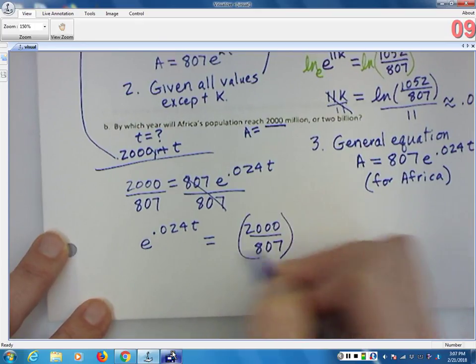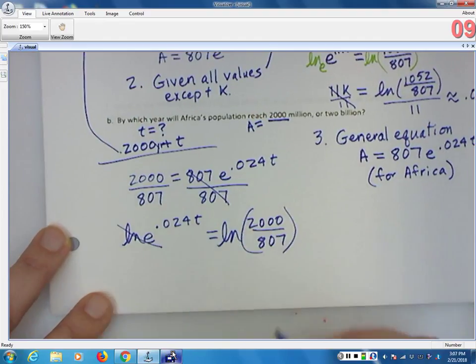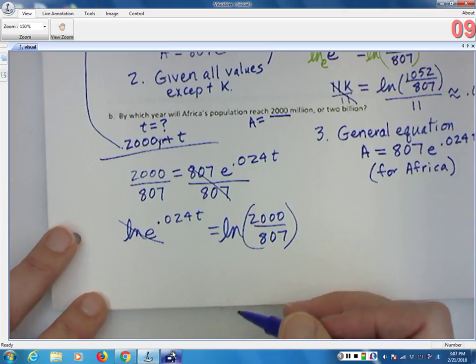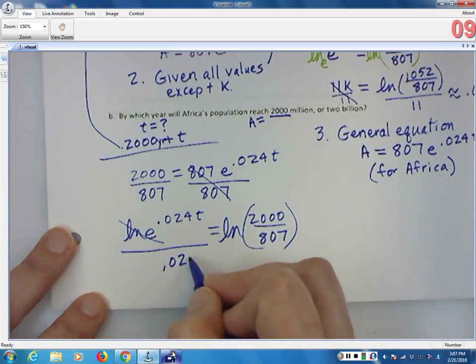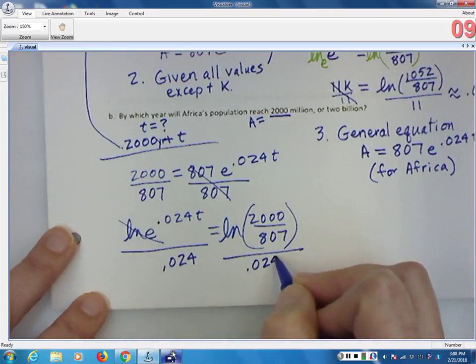When we take the natural log of both sides, that cancels. Okay, and we're going to divide then. I'm tired of writing all this out. So by 0.024, this is t.